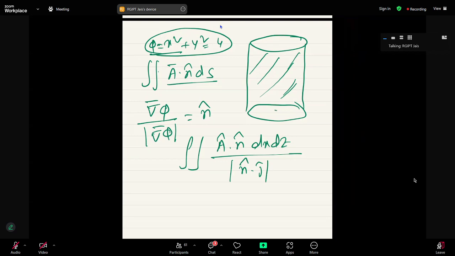If this is the x, y, and z coordinate, and you take a surface element on the curved surface, you take its projection on a particular plane. If you take the xz plane, then you will have this expression dx dz by n cap dot j cap, and then you have to evaluate this integration.